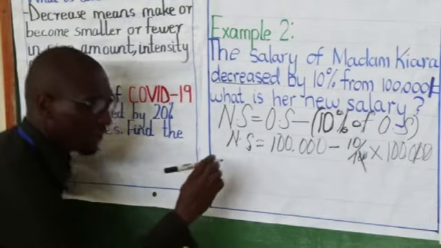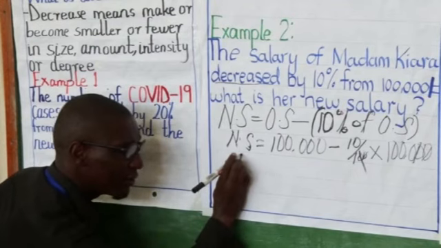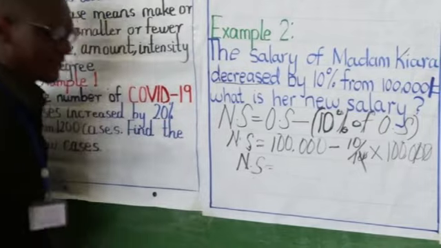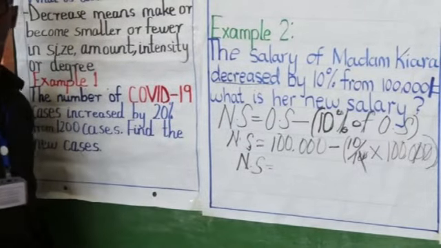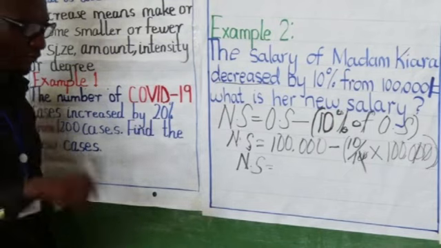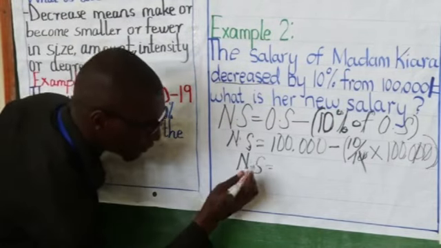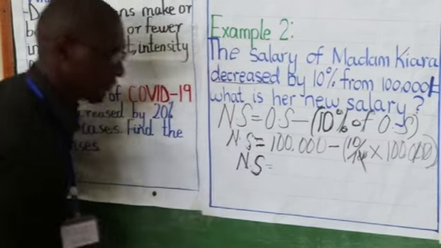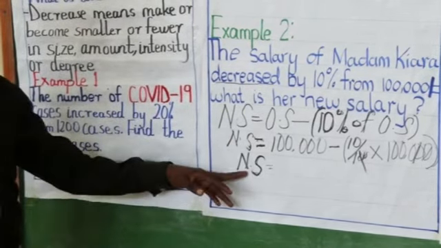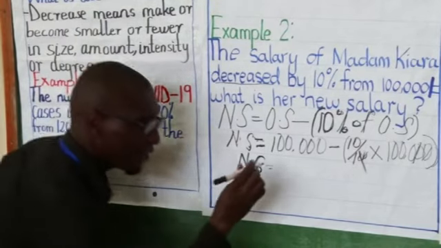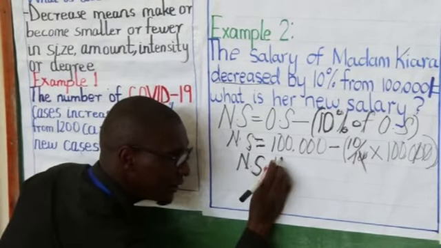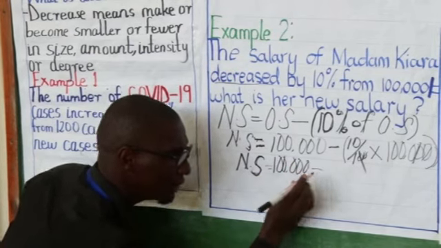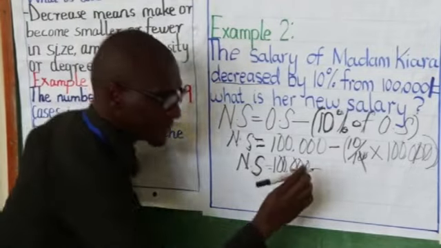So for that reason, our new salary will be 100,000 take away, here we get 10,000.